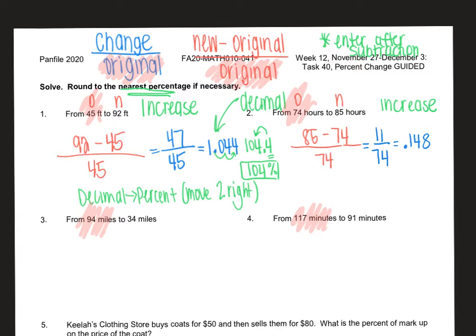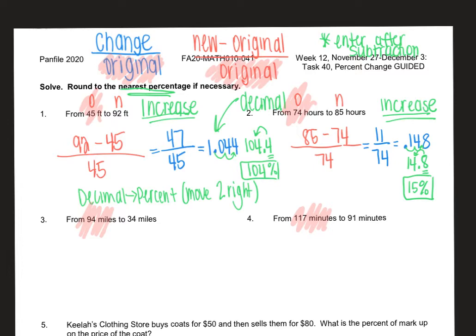So in order to turn it into a percent, I have to move 2, which is going to give me 14.8. But I want to round to the nearest percentage, which that 8 makes the 4 go to a 5. So this is a 15% increase. And I already wrote it here, but just make sure you definitely want to denote that somehow. So that's the reason why I take 3 places after my decimal.